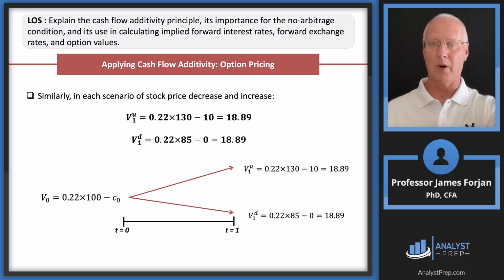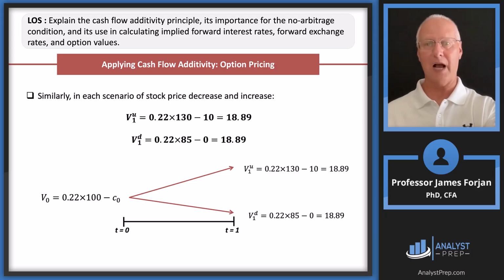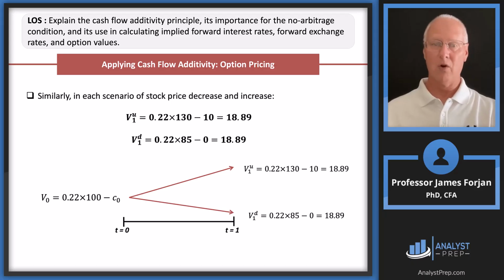You bought the call option, and after a year, when the price went up to 130, you made $10, right? So that's $18.89. Now, if the stock price goes down to $85, well, 0.22 times 85 minus 0, because the option expires worthless, right? You're not going to pay me 120 when the price is 85.